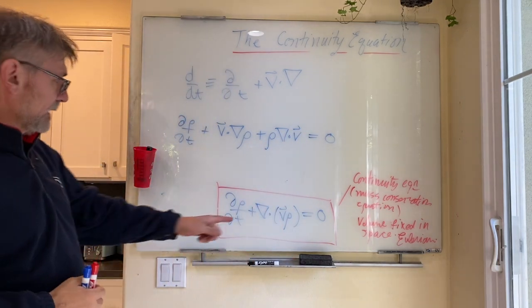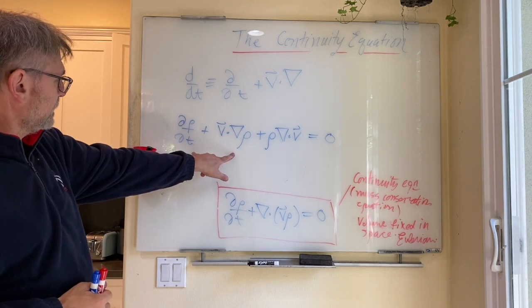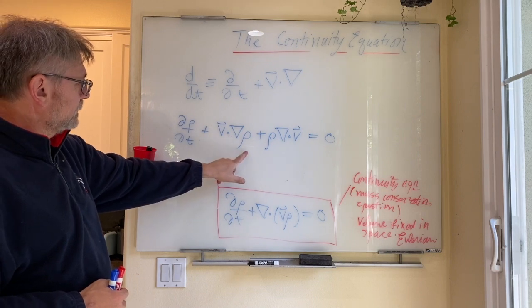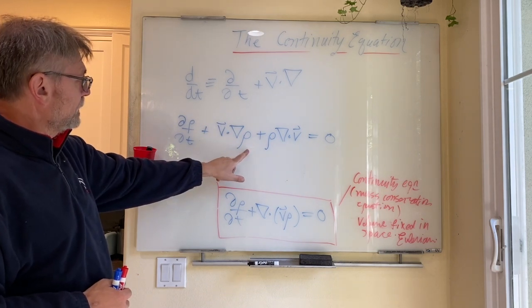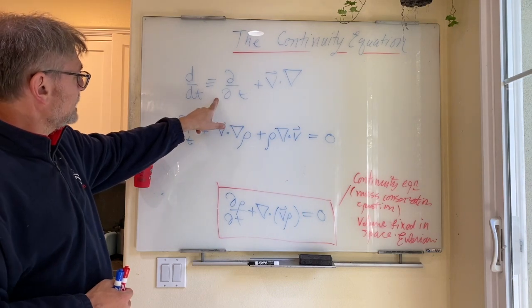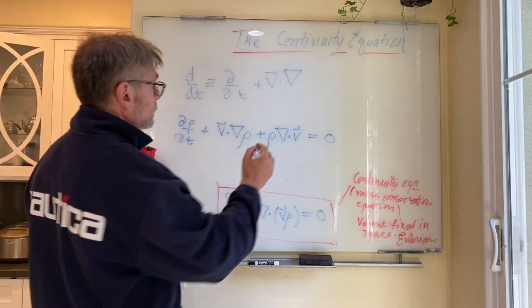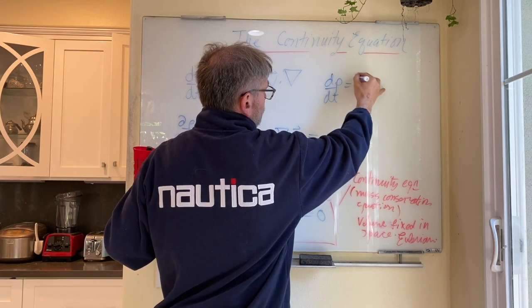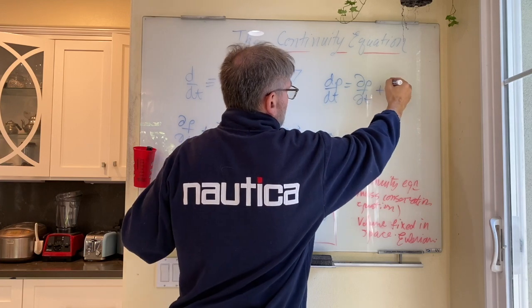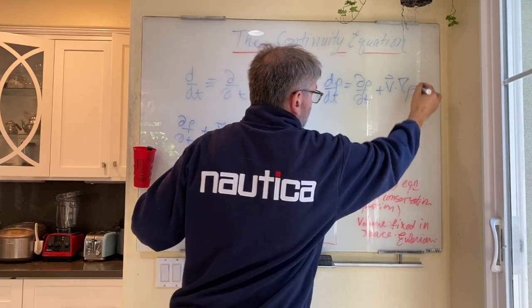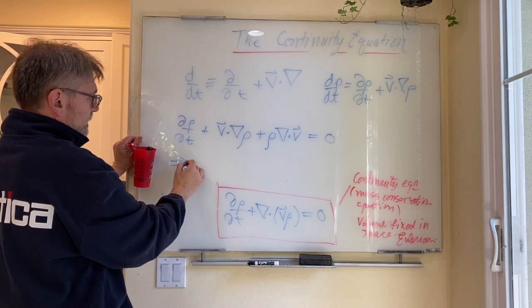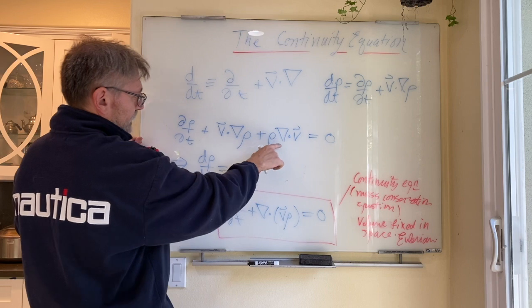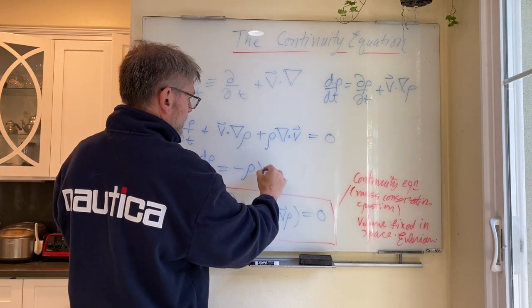I've just expanded out this term, and now you'll notice that this part here, d rho/dt plus v dot grad rho, is the same thing as D/Dt of rho. So if I apply this to rho, D/Dt of rho is equal to d rho/dt plus v dot grad rho. And so now I can substitute in here, and I get D rho/Dt is equal to minus, I'm left with this term, which I can bring on the other side, rho div dot v.